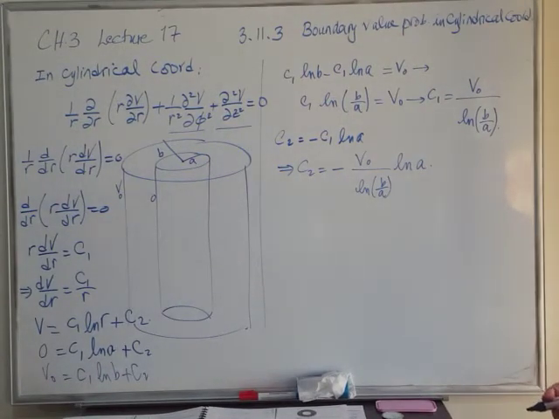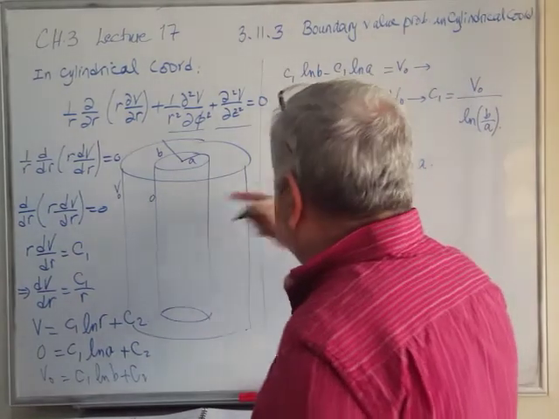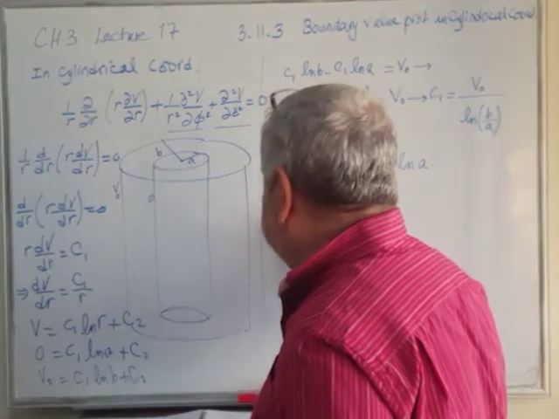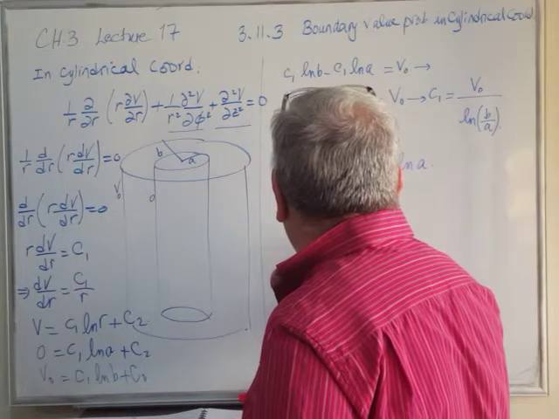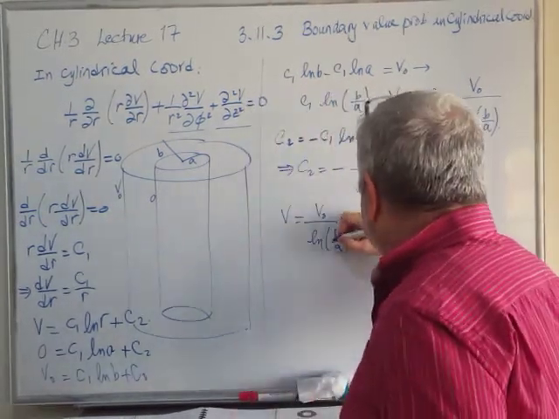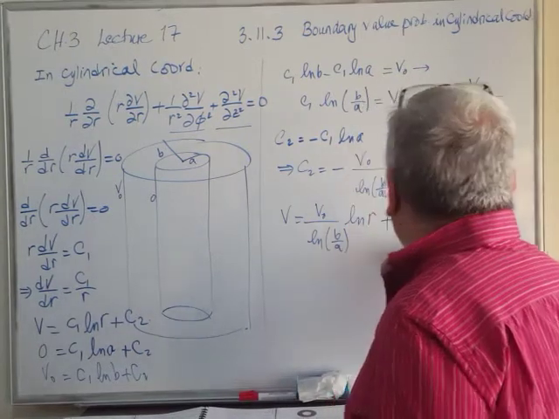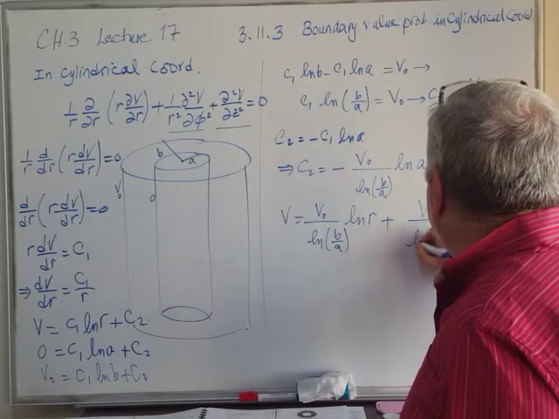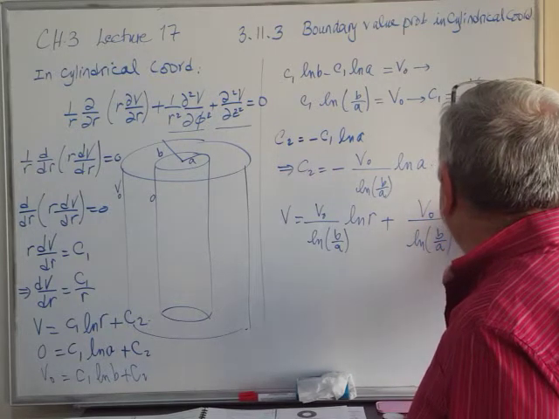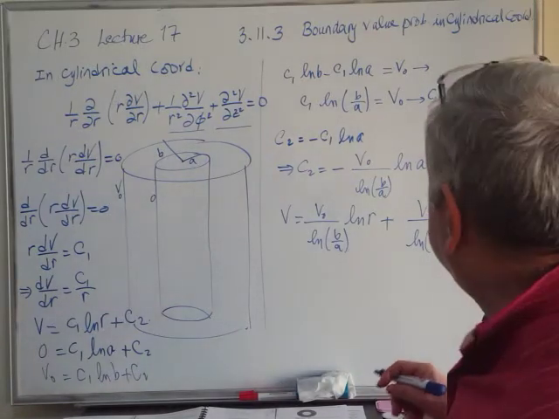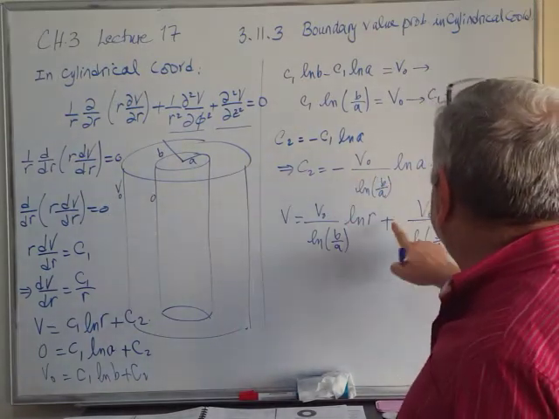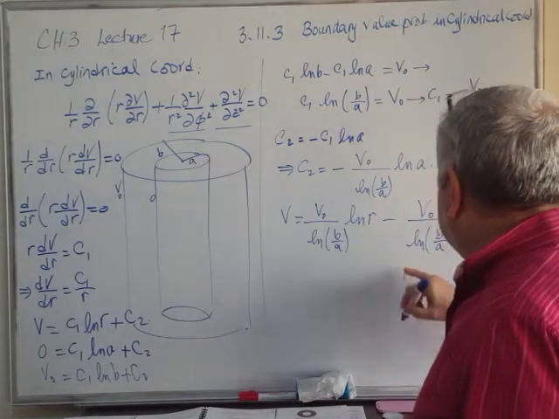You can check that, for example, if you put these two in the main equation, V will be C1, which is V0 over ln B over A, times ln r, plus C2, which is minus V0 over ln B over A times ln A. Look here, very interesting.